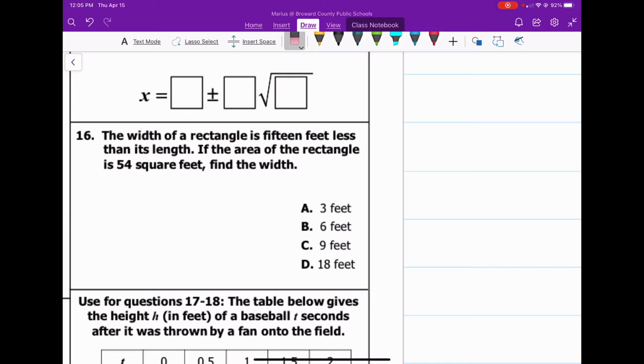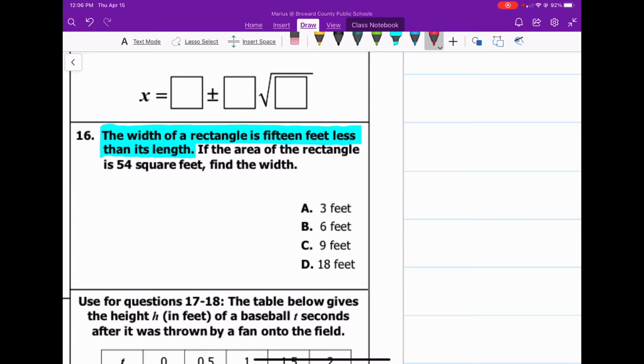All right, so this is obviously a word problem, so we have to translate parts of this word problem into mathematics before we begin to solve anything, okay? It says the width of a rectangle is 15 feet less than its length.